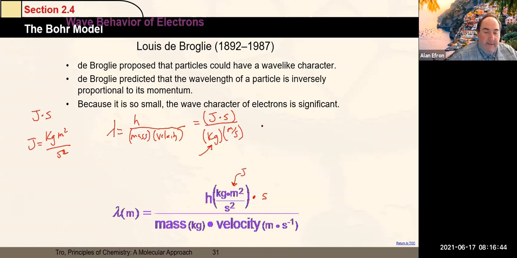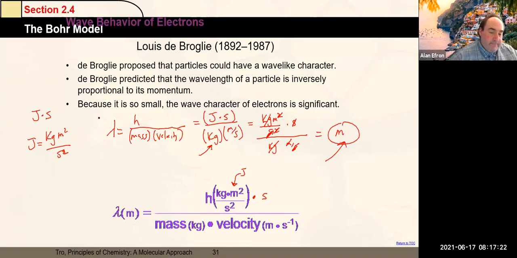And if we put those units in, we do need our mass to be in kilograms so that it will properly cancel out a meter here, and one of the meters will go there. 1 second here will take out 1 second there, and a second here will take out the other second there. And what you will be left with is meters, which is good because that is a wavelength.